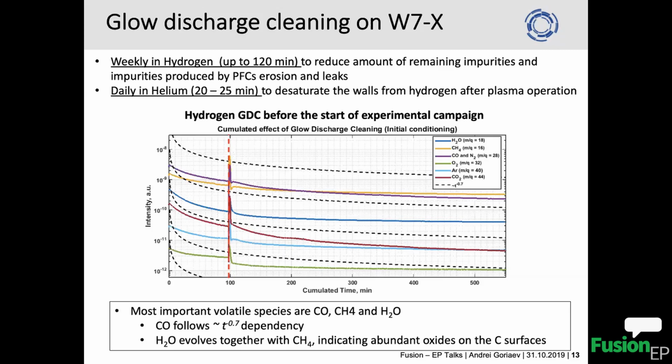Here it's intensities, because at that moment the mass spectrometer was not absolutely calibrated. So we can see the relative change of impurity amount in the vacuum vessel, but in a real experiment it should be calibrated, and you should know the partial pressures and compare them to the base pressure inside your vacuum vessel. Then you can say something about the amount of water, oxygen and other species which you still have there.